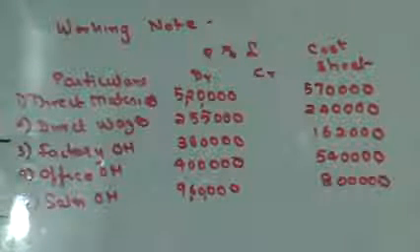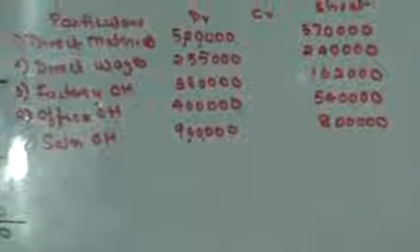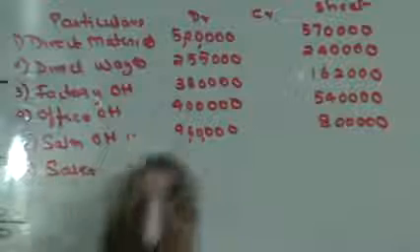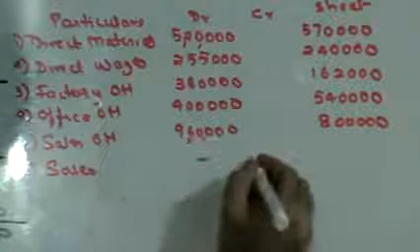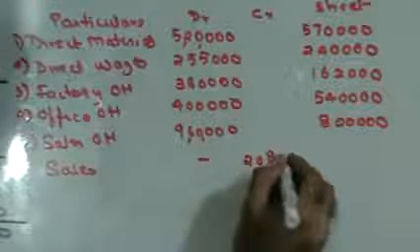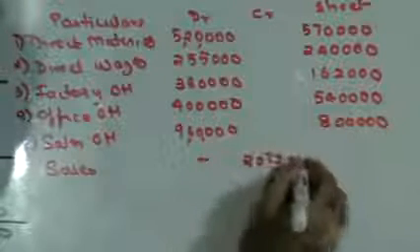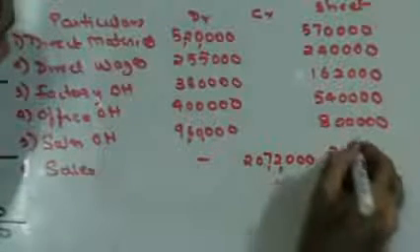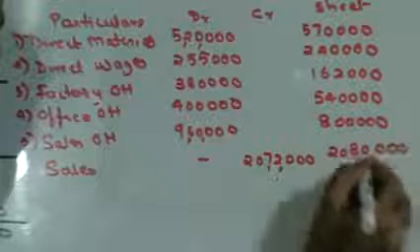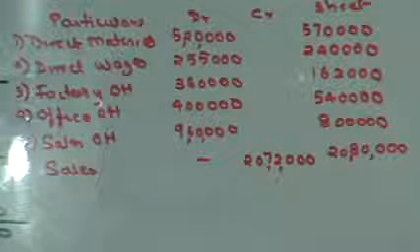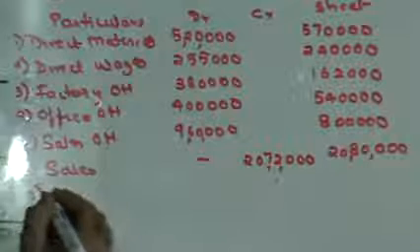Then you have sales. Sales is 20,80,000 here, 20,72,000 there. Sales. In P&L, it's a credit side entry. Sorry, 20,72,000 in P&L and 20,80,000 in cost sheet. Right? Besides that, you have certain entries that have been exclusively recorded in P&L.